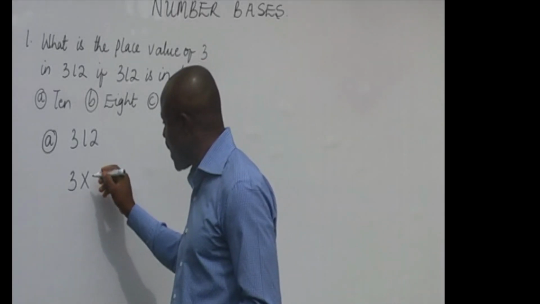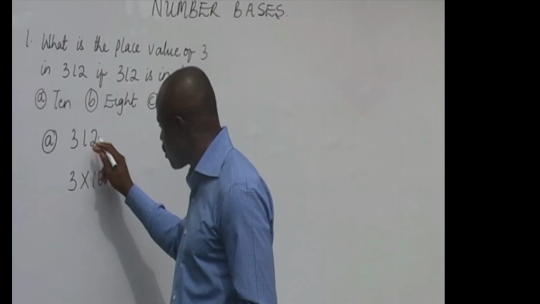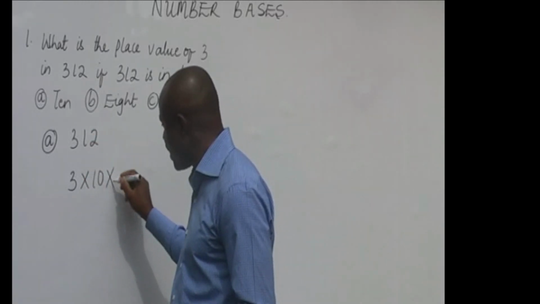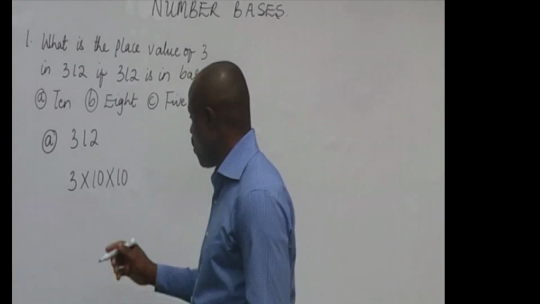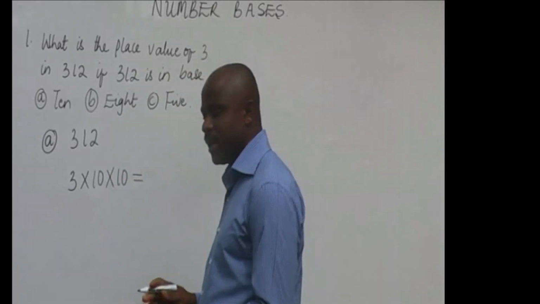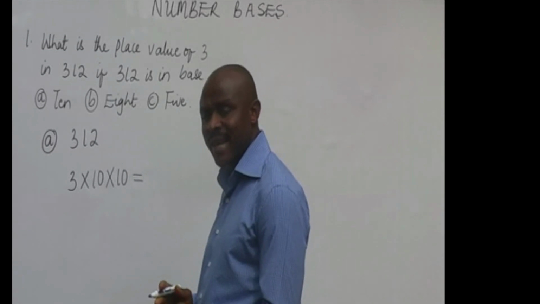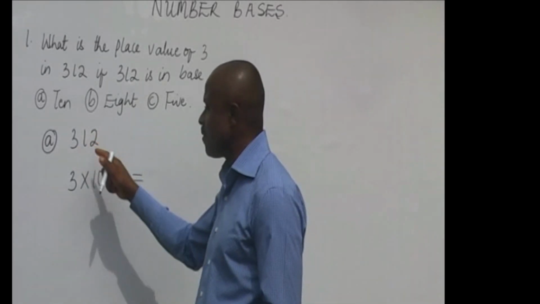What I mean is that you're going to multiply 3 by 10 because of 1, and multiply it again by 10 because of 2. When you solve this, it will give you the place value of 3 in 312 in base 10.